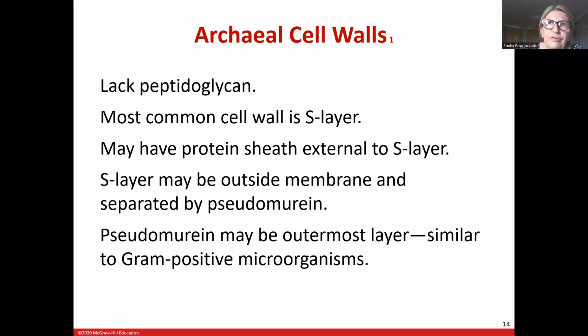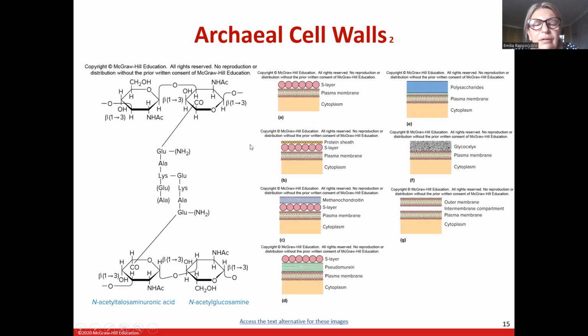You might have a layer of pseudomurein between the S layer and the membrane, or you might have pseudomurein as the most outer layer, so in a way making it similar to the gram-positive cell wall. This picture here shows the different combinations. You remember yesterday with bacteria, we said either one or the other type. There is nothing else. With archaea, we have very many different ways of making the cell wall.